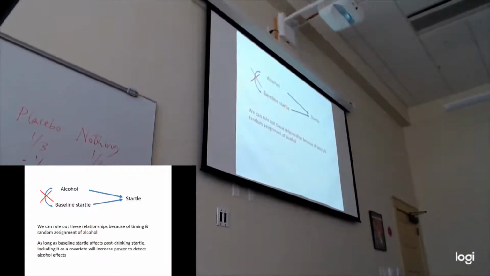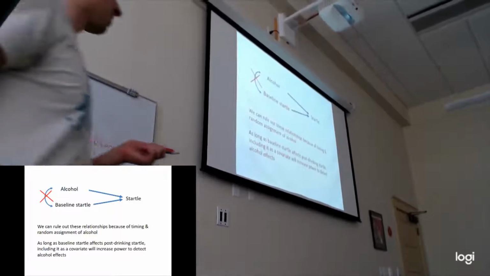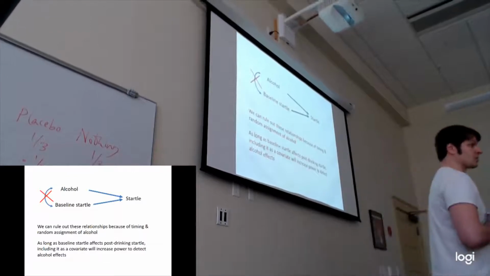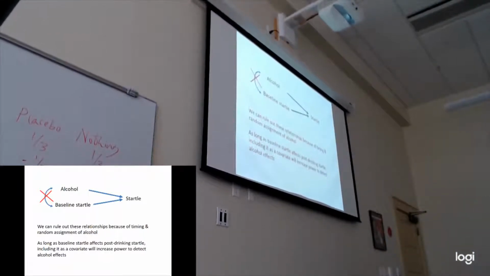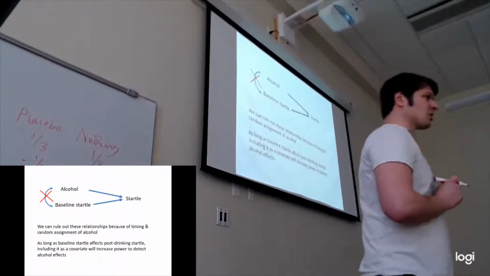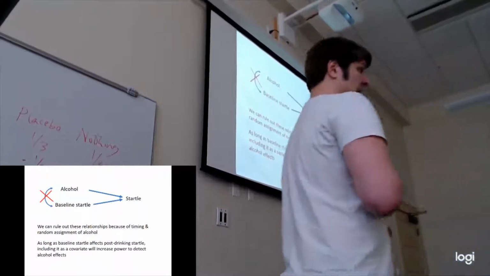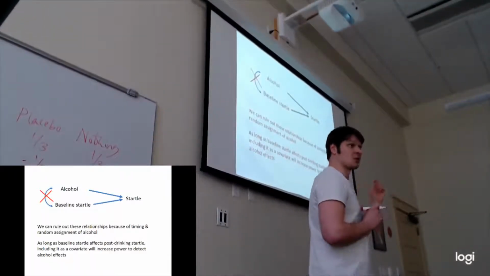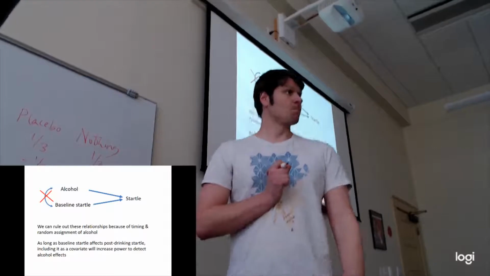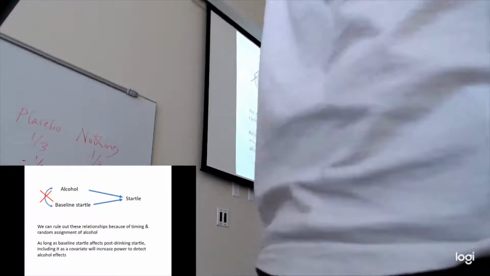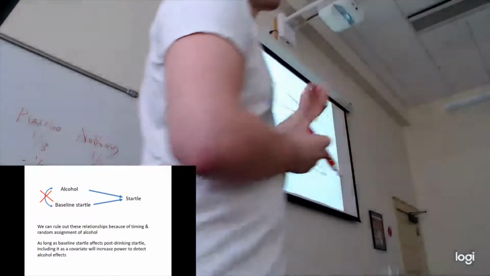That should tell you then that the way that we're intending to use this extra variable, baseline startle, is primarily to increase statistical power. So we're primarily interested in what these three beverage conditions do, and including baseline startle as a covariate can give us extra precision. So this is stuff that we talked about last semester, but you can sort of see it in action playing out in this scenario.